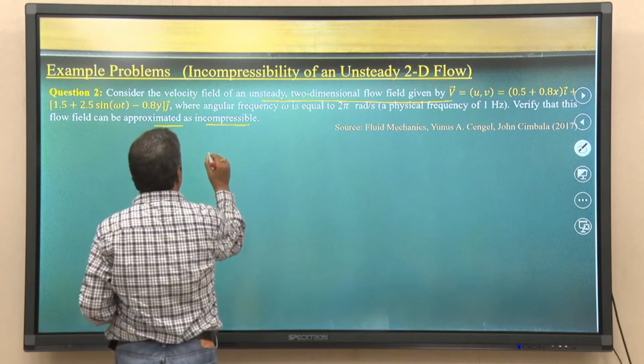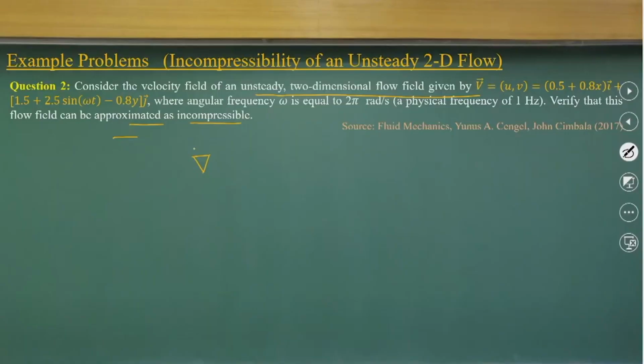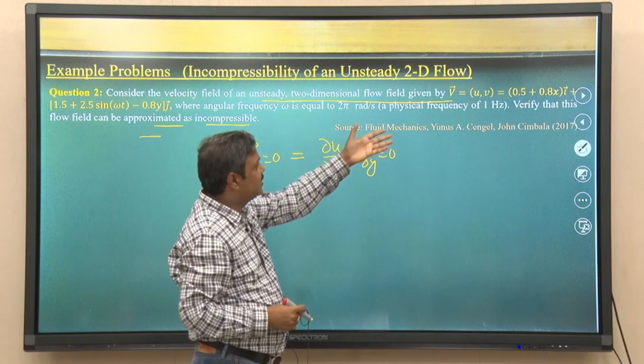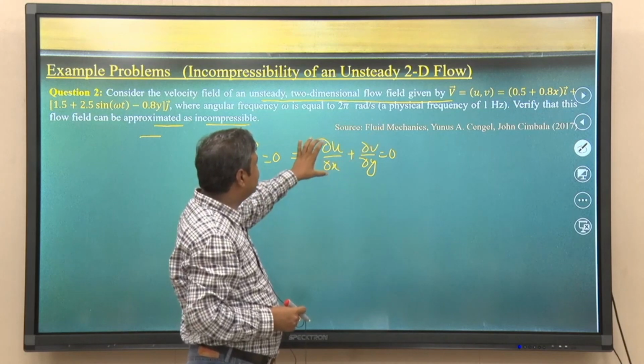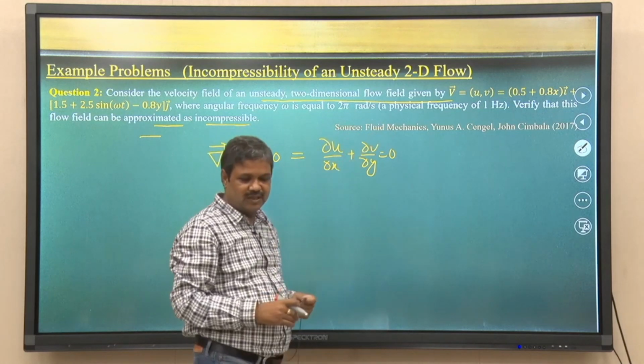As we discussed, incompressible flow means this is equal to 0, and since it is 2-dimensional, we have a further simplification. So, we just substitute the u and v scalar velocity components and check whether this becomes 0.